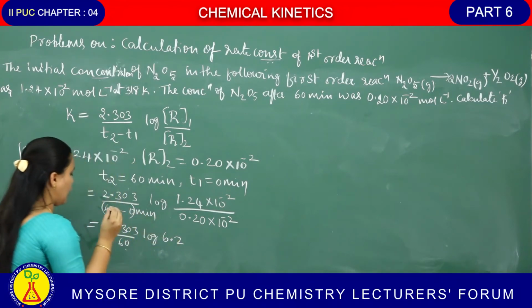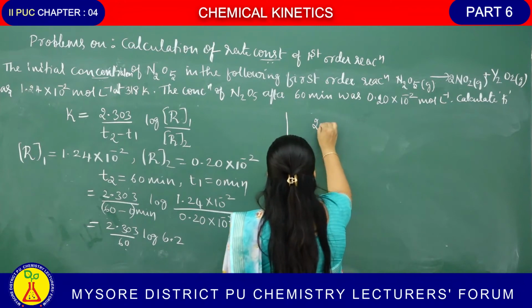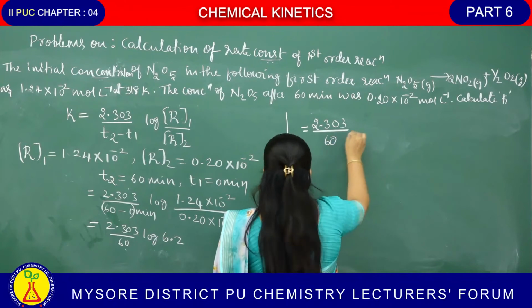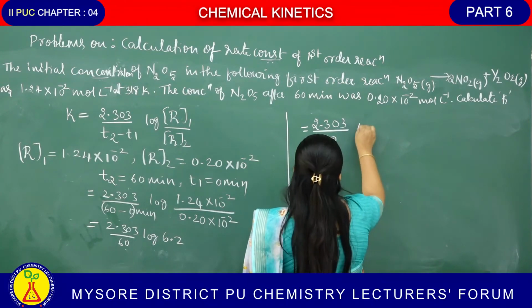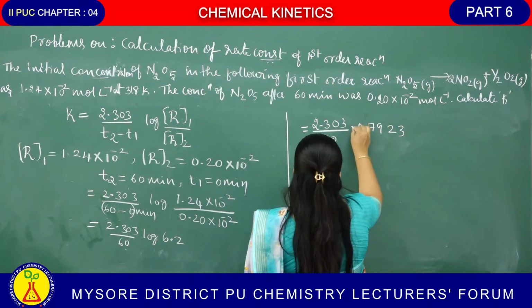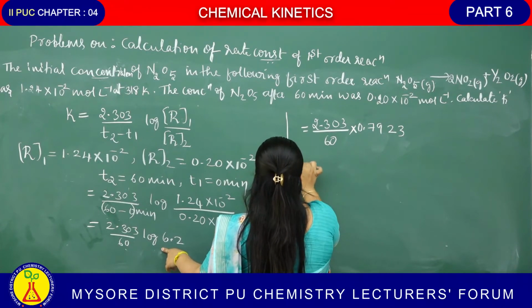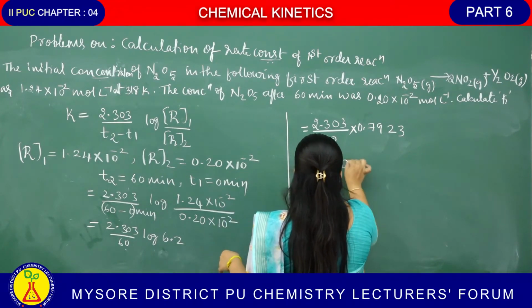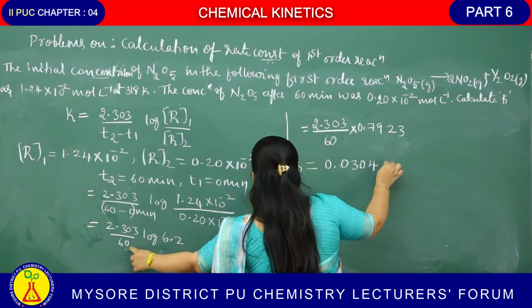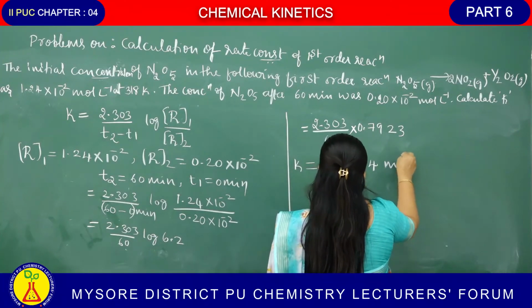See the value for log 6.2. I will continue here. K is equal to 2.303 divided by 60 log 6.2 value is 0.7923. Log 6.2 value is 0.7923. Final value is 0.0304 minute. They were given the time in minutes, therefore K becomes per minute.